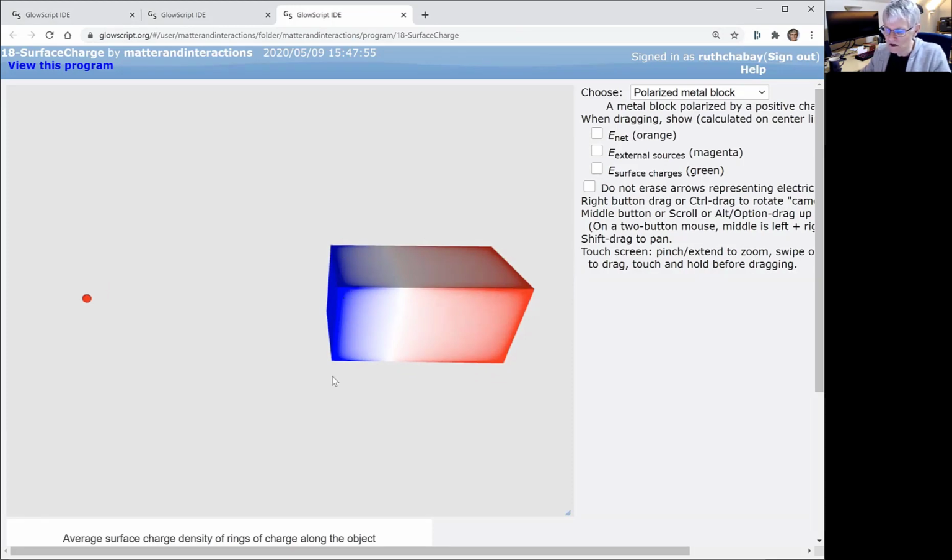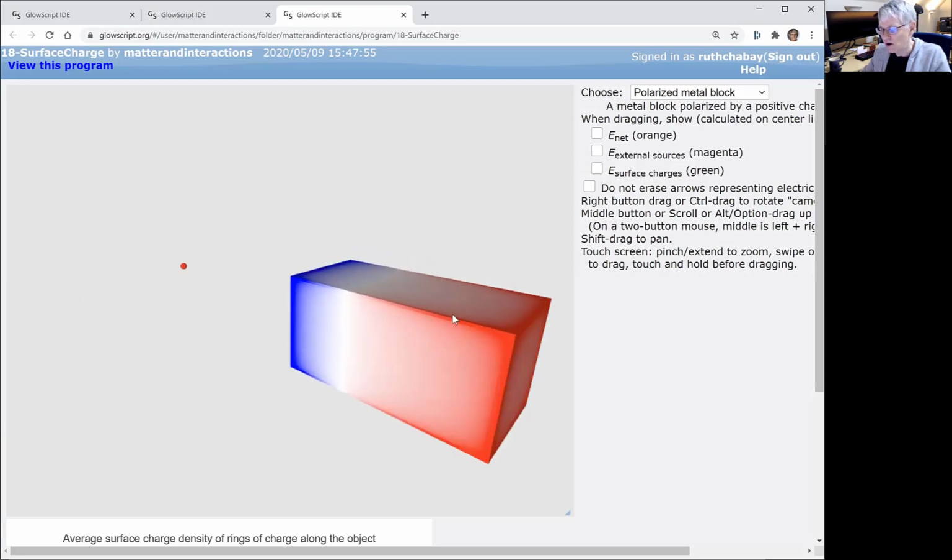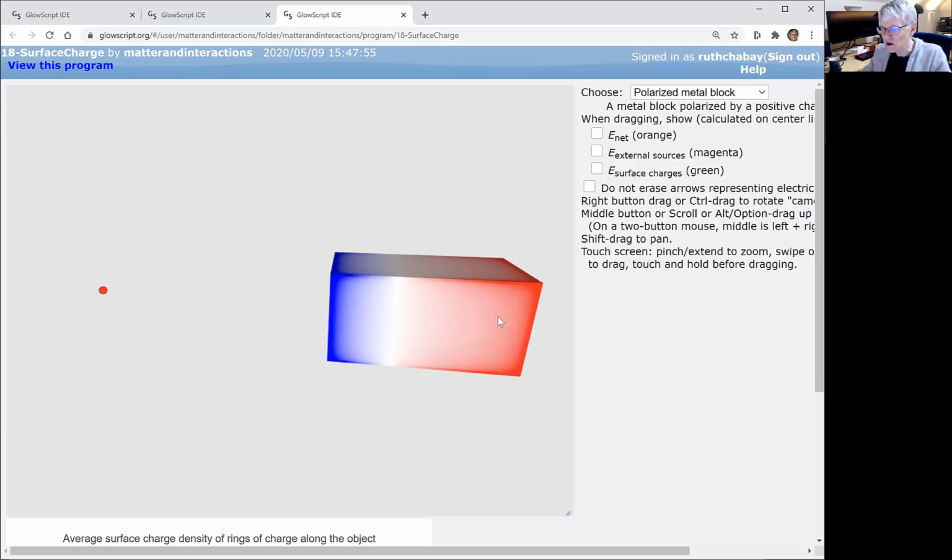Blue means negative, so on the left end we've got excess electrons piling up. Red means positive, so on the right end we've got a lot of exposed positive atomic cores, and where it's white, it's neutral, so there is no excess charge.